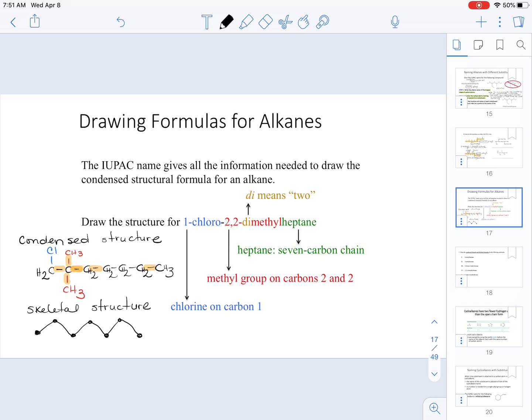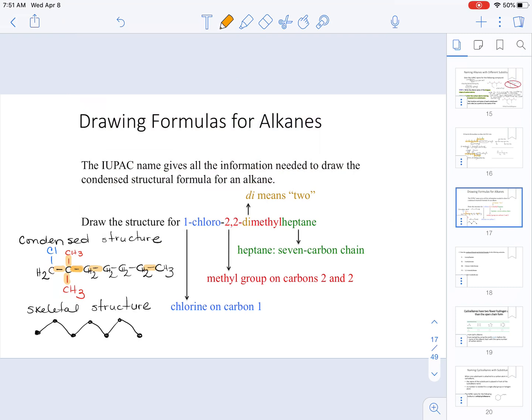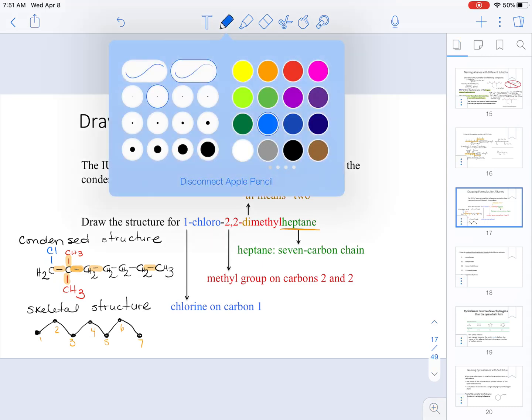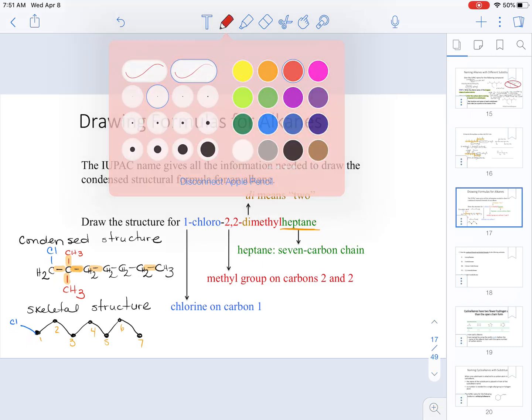So I'm going to now name or number. So this is carbon 1, 2, 3, 4, 5, 6, 7, which is the heptane. As you can see, we have a chlorine on carbon 1. So I can just write a bond to a chlorine. And on carbon 2, we have 2 methyl groups.